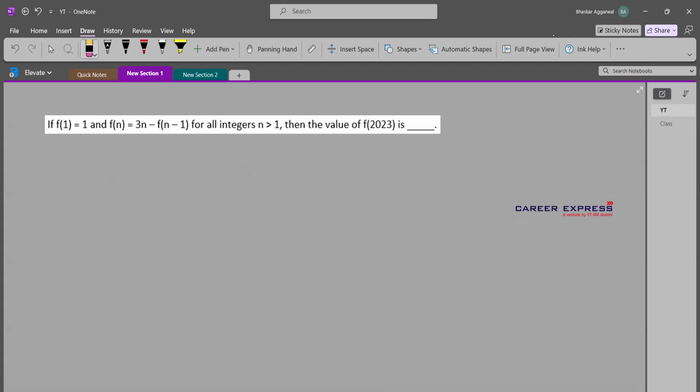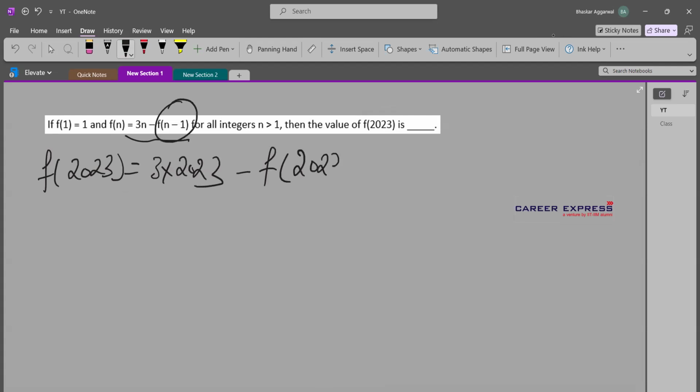So if we need to find the value of f2023, I can write this as 3 times 2023 using this definition minus f2023 minus 1. That will be 2022. So now in order to find the value of f2022, we will write again 2023 minus f2022.